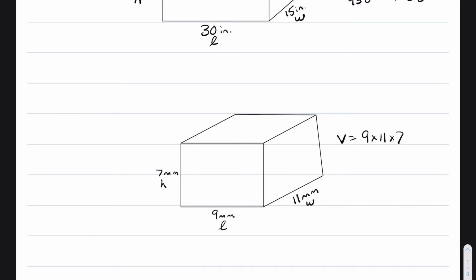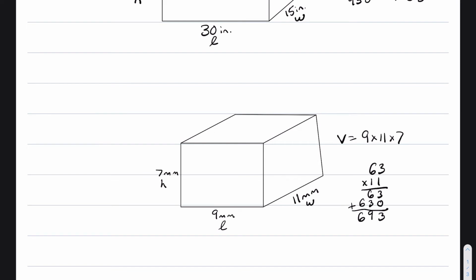So I'm going to start with 9 times 7 first, which gives us 63. Okay, so I take my 63 and I'm going to multiply that by 11. So 1 times 3 is 3, 1 times 6 is 6, annex in my 0. 1 times 3 is 3, 1 times 6 is 6. We add those together, and we get 693.